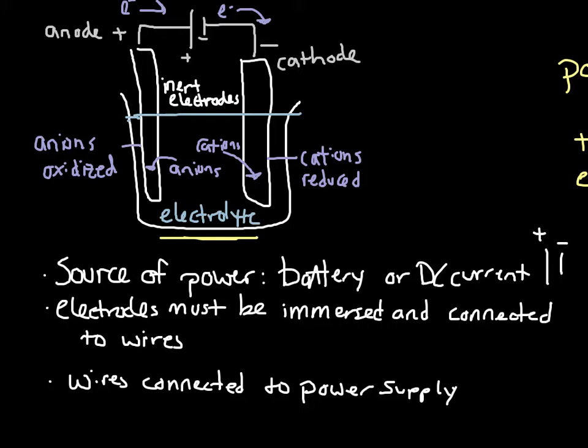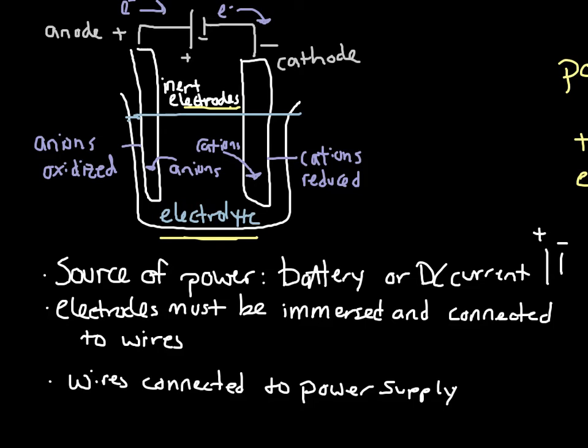We have two inert electrodes. These can just be an inert metal, or something that's not going to take part in the process. Now, our inert metals are attached to an external wire, just like in a voltaic cell.